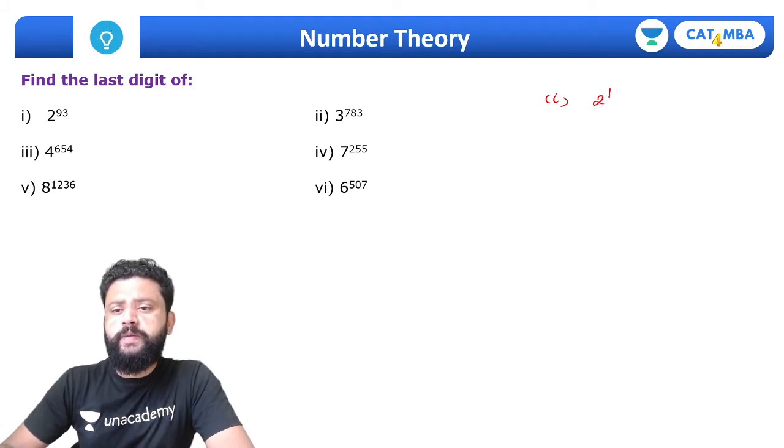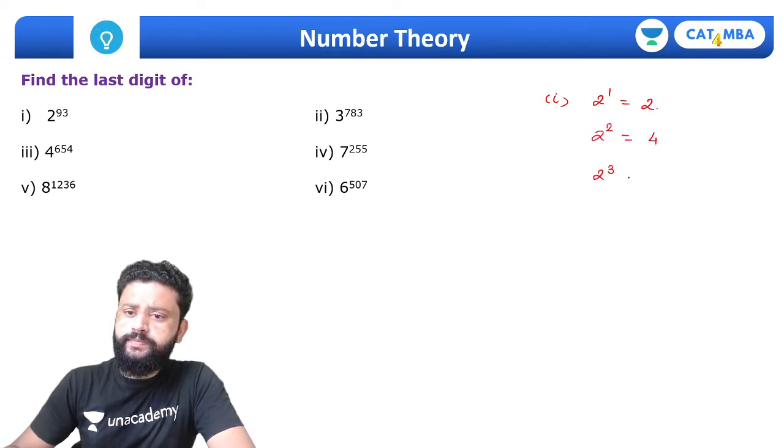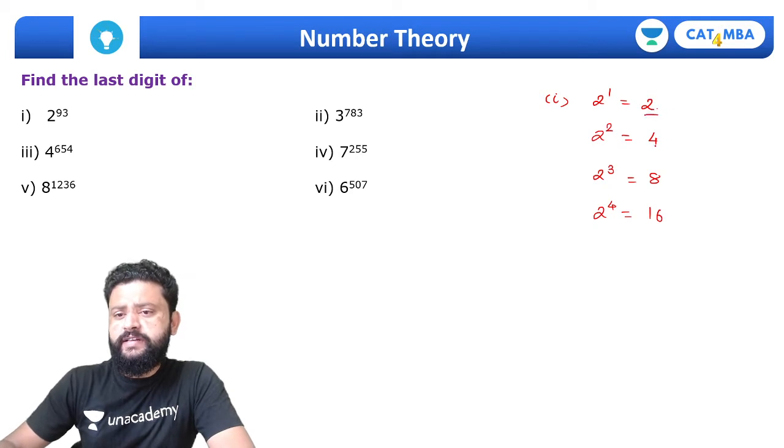We know 2 to the power 1 is 2, 2 square is 4, 2 cube is 8, and 2 to the power 4 is 16. So if you observe, the last digits of the calculation are 2, 4, 8, 6.